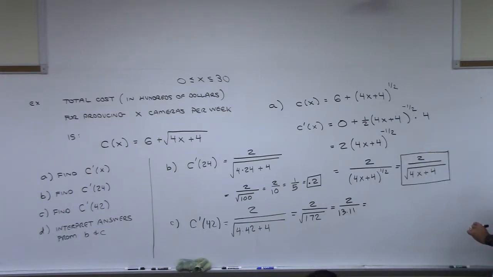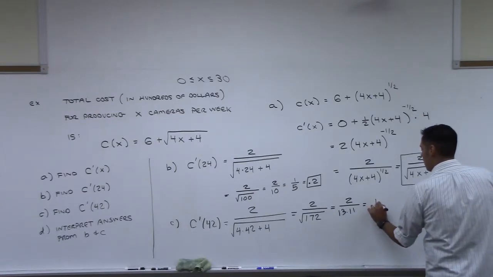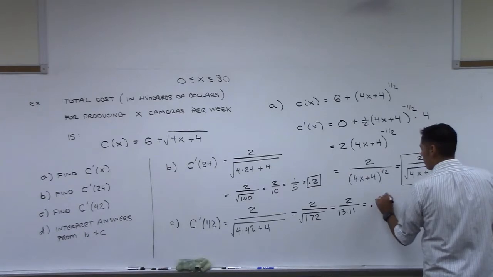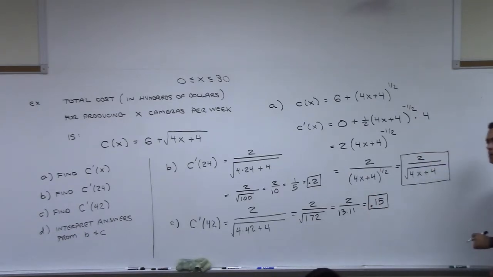You should be getting point something. What do you get? 0.152, something like that? Okay, let's just say approximately 0.15. We all right with that?